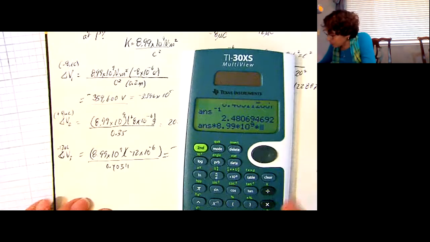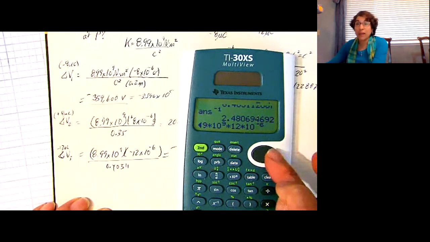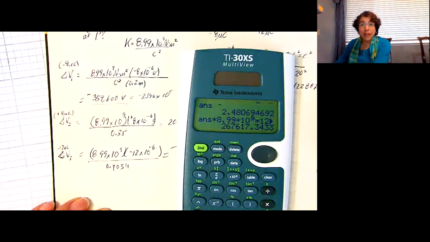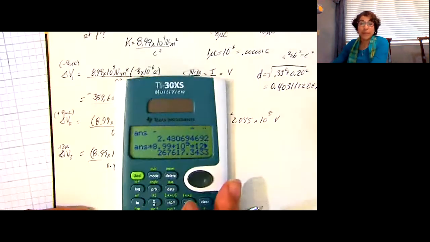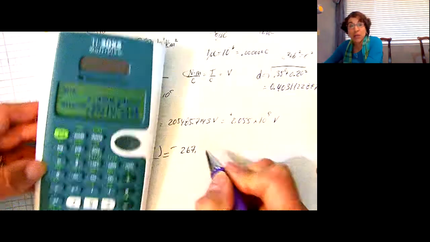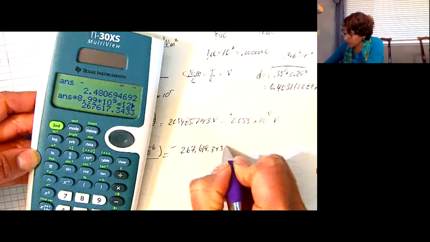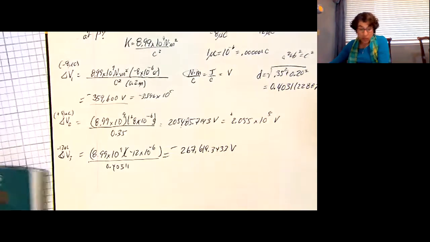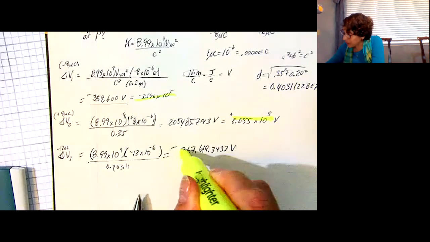That's more accurate than cutting this number down to 0.403. So now I have 267,619.3433 volts.